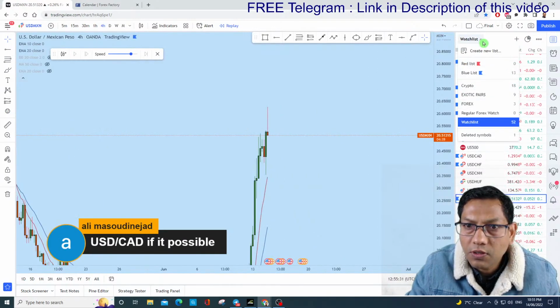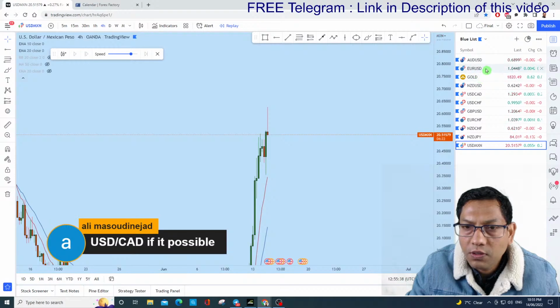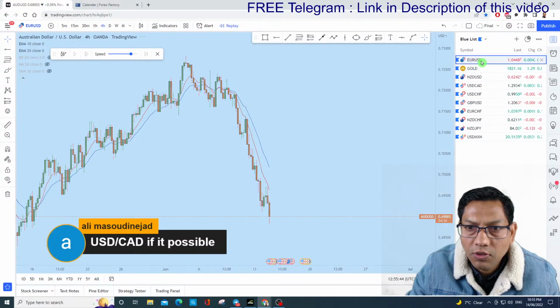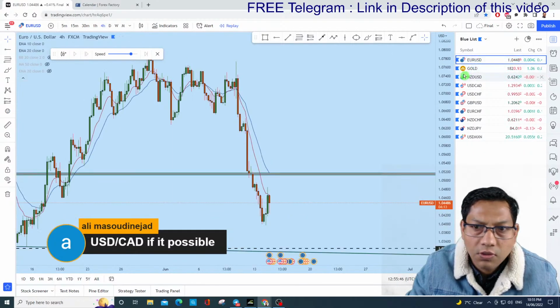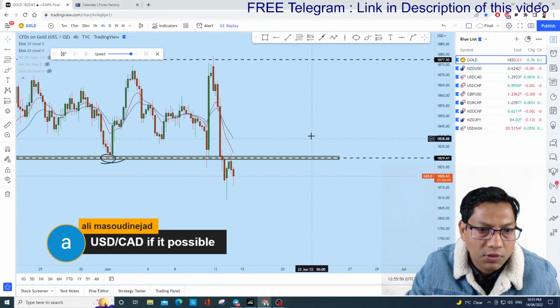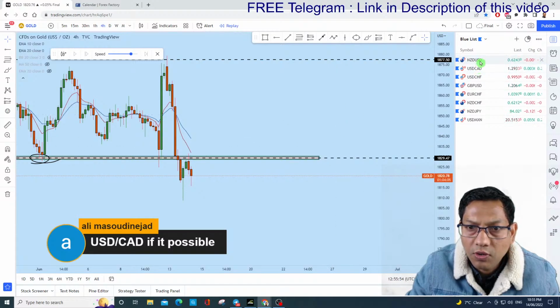List. Okay, so let me shortlist it now. So remove this one, remove this one. Aussie dollar, we don't see anything now. Euro dollar, there's nothing significant. Gold, the candle is still not closing.